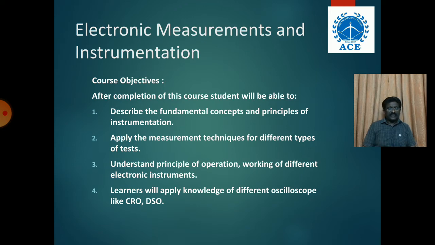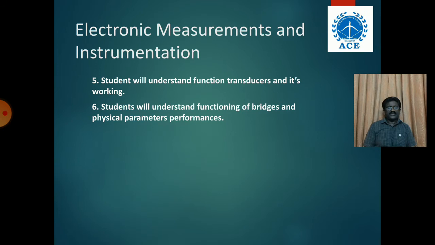Learners will apply knowledge of different oscilloscopes like CRO, DSO. Students will understand transducers and their working. Students will understand the functioning of bridges and physical parameter performances. So these are the course objectives.